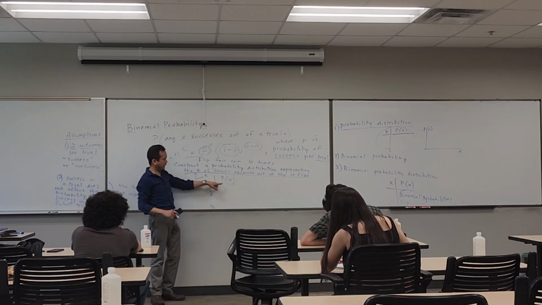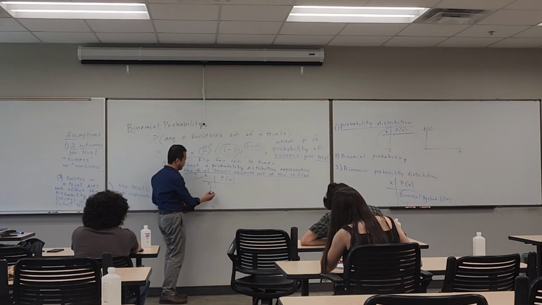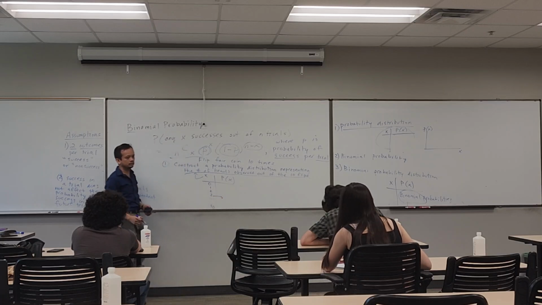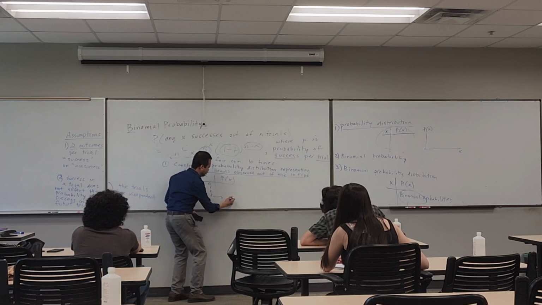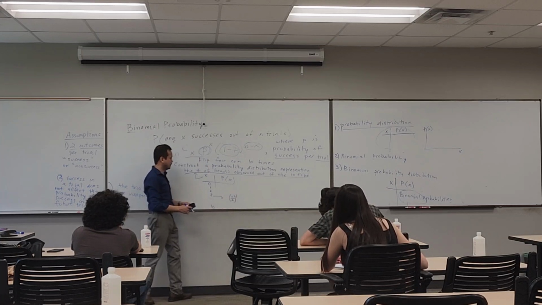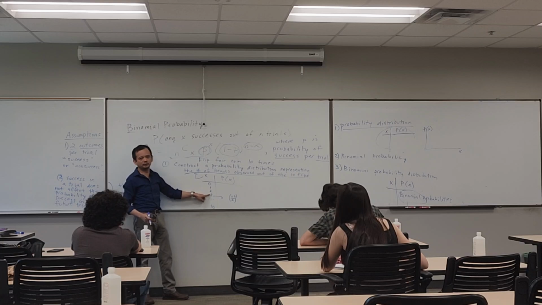So then, how do you find each of these probabilities? For example, if you wanted the probability of 3 heads out of 10 flips. Yeah, so 1/2 raised to the third power. This is saying that you want 3 heads out of 10 flips. Are we done?